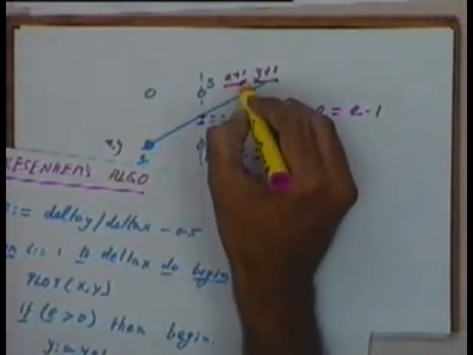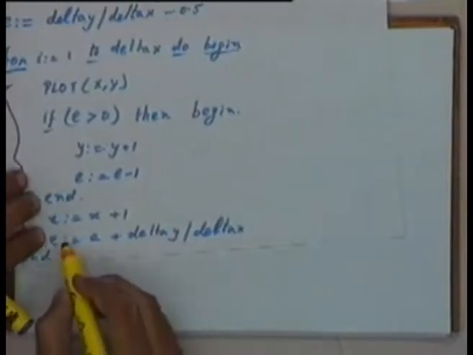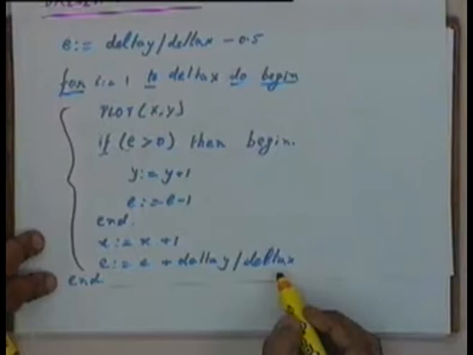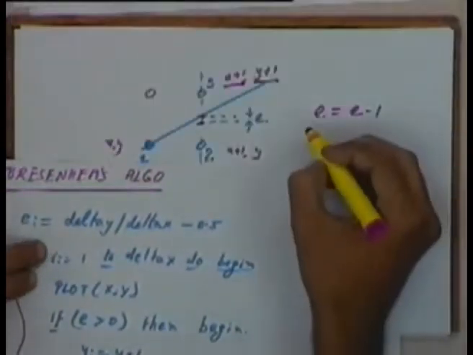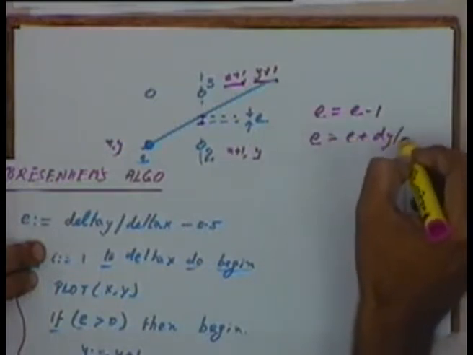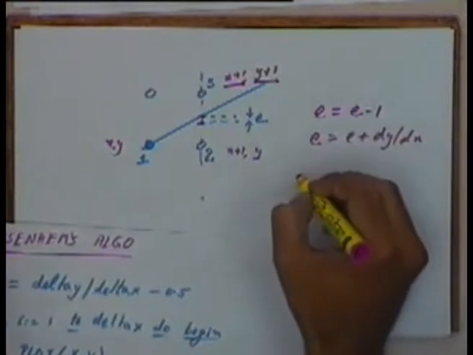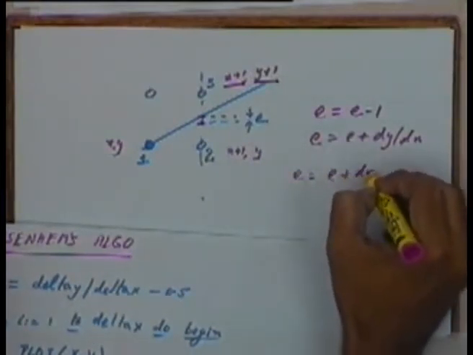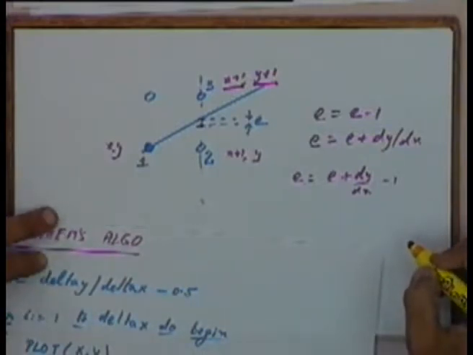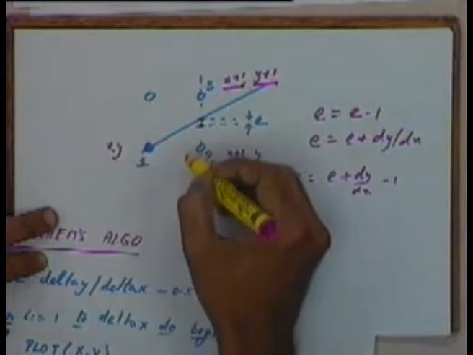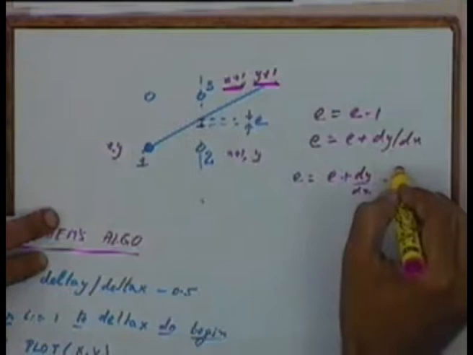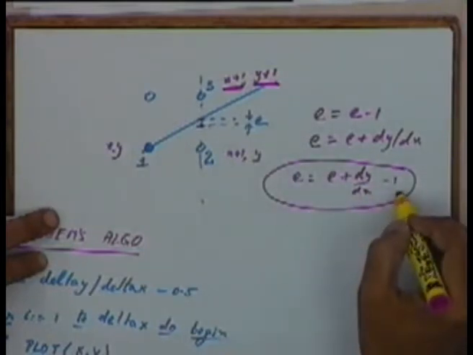So x is also being made x plus 1 and the error term is being changed to E is equal to E plus delta y by delta x. We have already said E is equal to E minus 1, and after that E is equal to E plus dy by dx. So effectively E will be equal to E plus dy by dx minus 1. So if my error term is greater than 0, then we are changing x to x plus 1 and y to y plus 1 and E to E plus dy by dx minus 1.